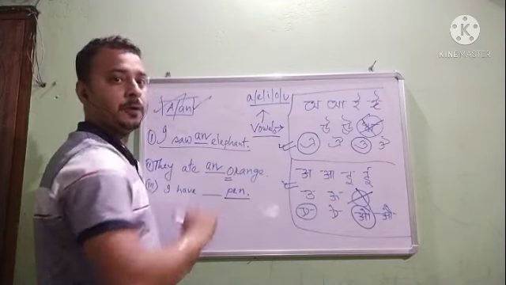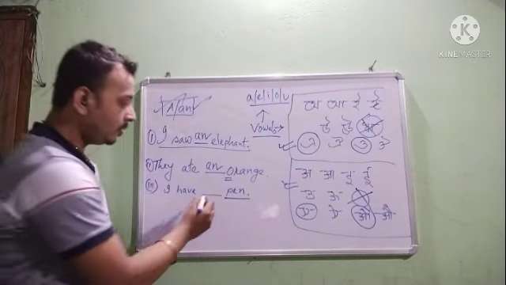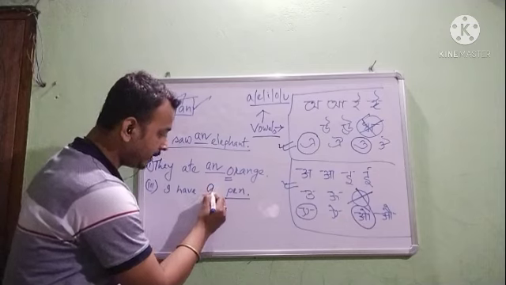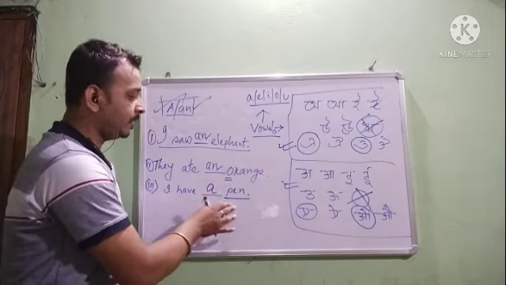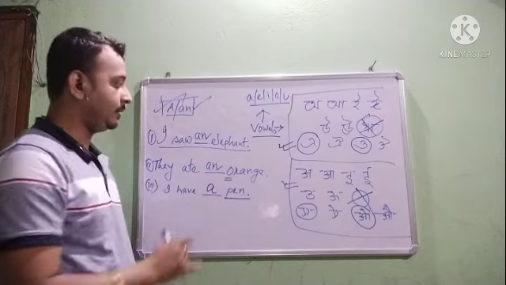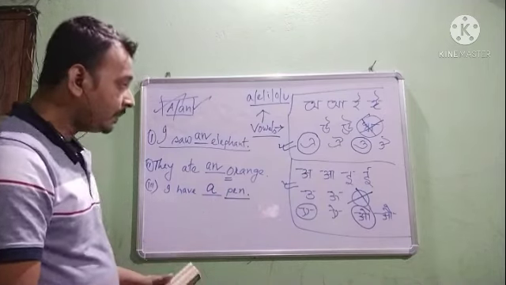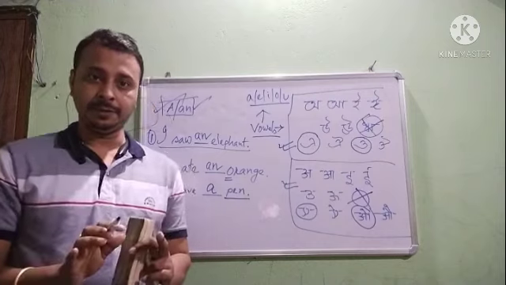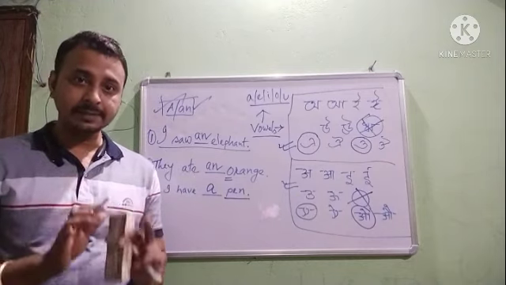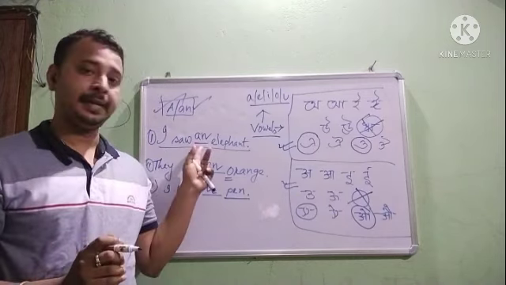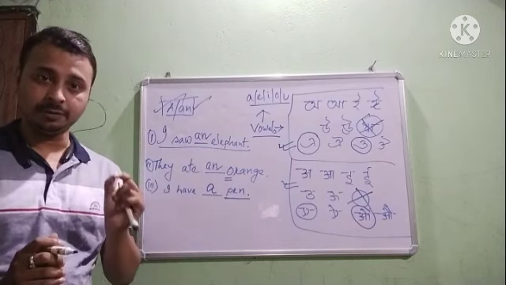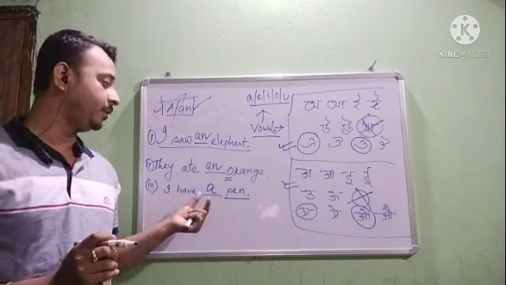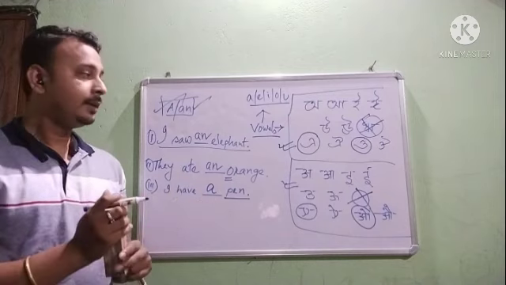No, there is no 'pa' in this list. So I should not use AN but A to mean one. A pen means one pen. So, is it clear? That means if there is a vowel sound, you have to use AN. If there is a non-vowel sound, non-vowel means consonant sound, then you have to use A.